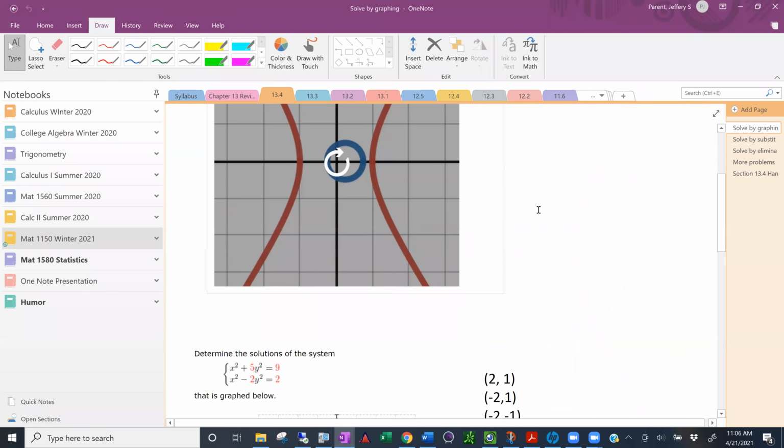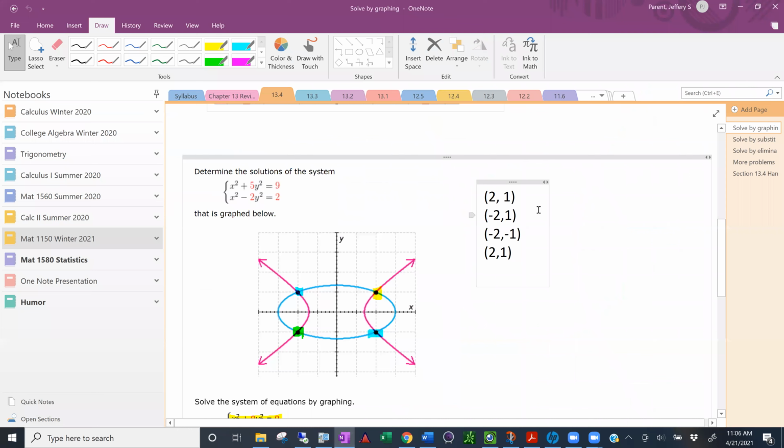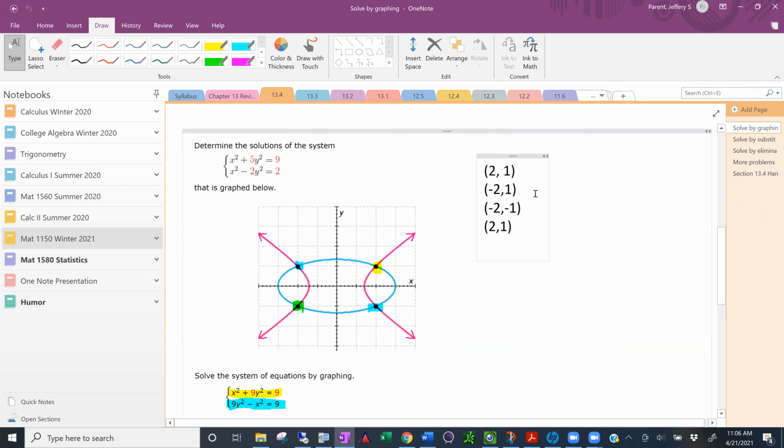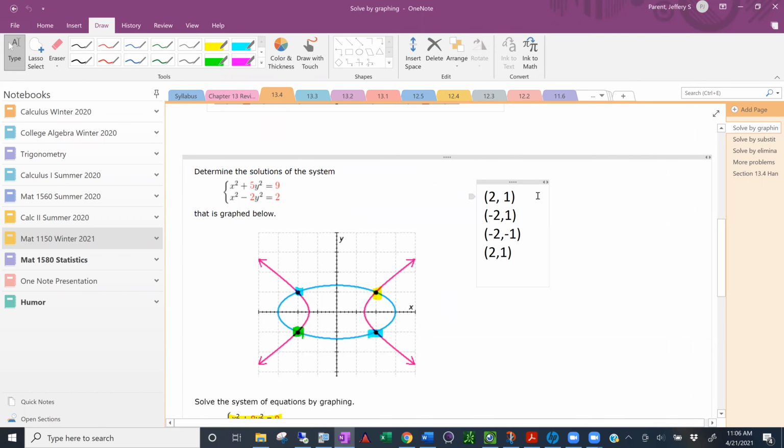Now you can solve some of these things by graphing. And one of the problems in the homework is pretty simple because they just give you the graph of this. And it looks like this. You just need to come up with the coordinates. There's 4 coordinates, and those 4 coordinates are your solution. What if they don't tell you what the graph is exactly?